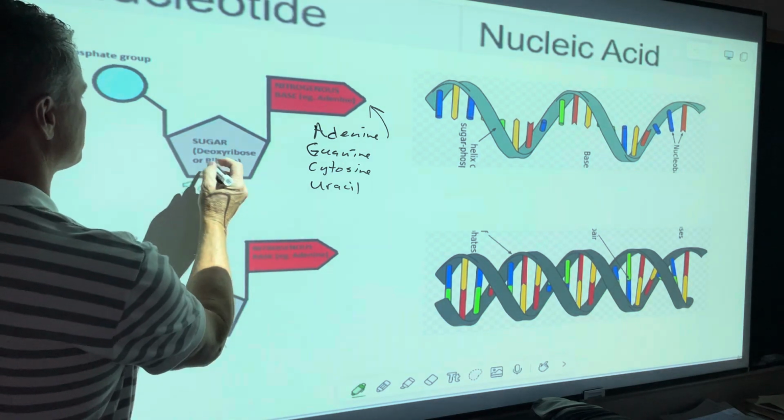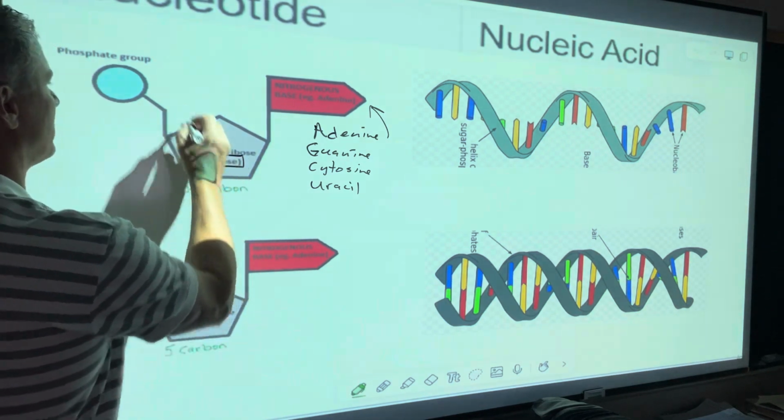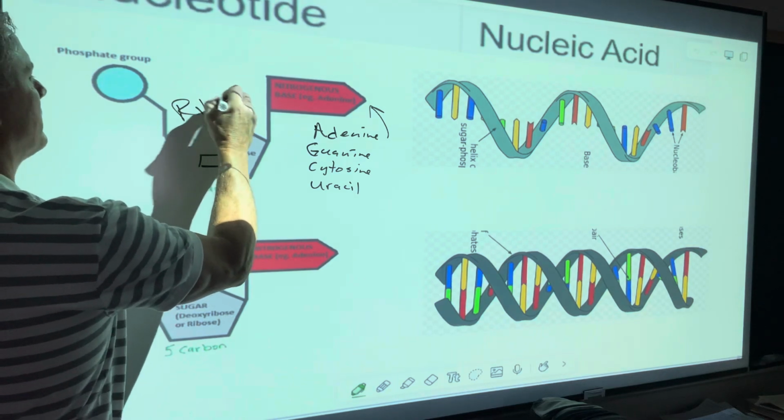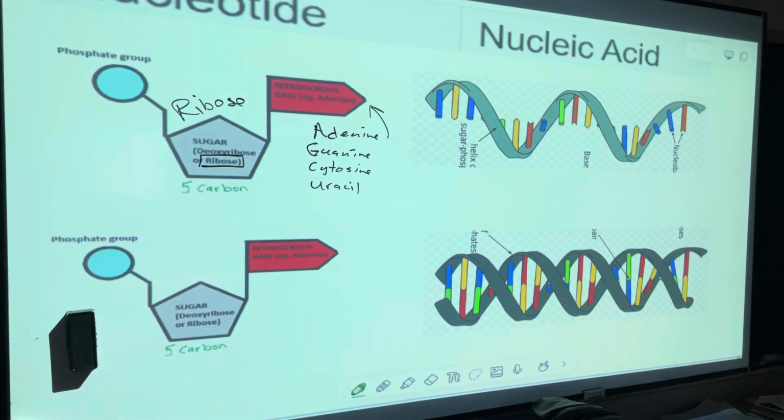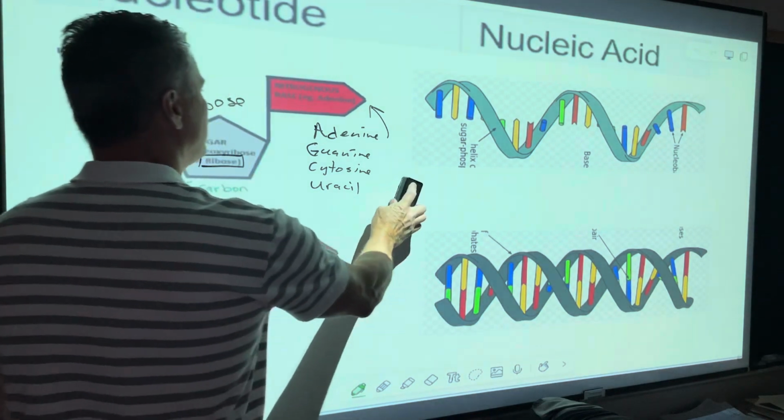And in this case, RNA, the sugar here is going to be ribose, because it's ribonucleic acid. So this is the thing that transmits the instructions from your DNA.